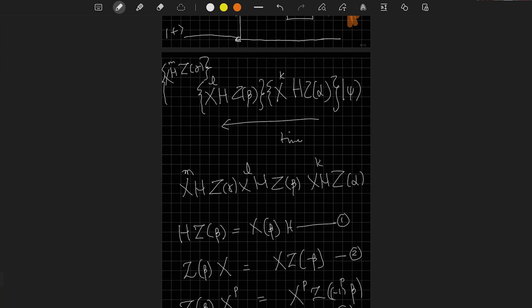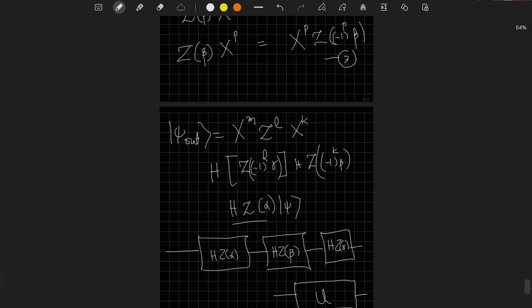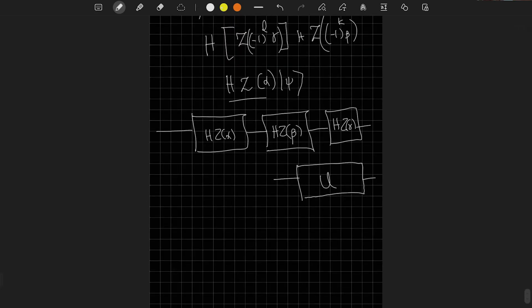So a Z sandwiched between two Hadamard operators is really an X operator. So if I switch these, which I can easily do, then I can get an X operator. So I have a Z operator followed by an X operator followed by another Z operator. This is an arbitrary rotation. I will apply an arbitrary one-qubit rotation through measurement alone.